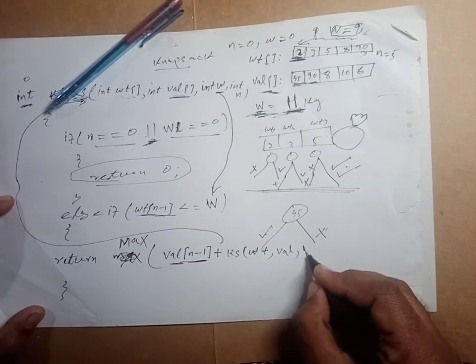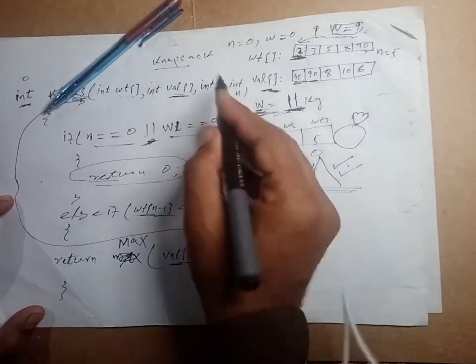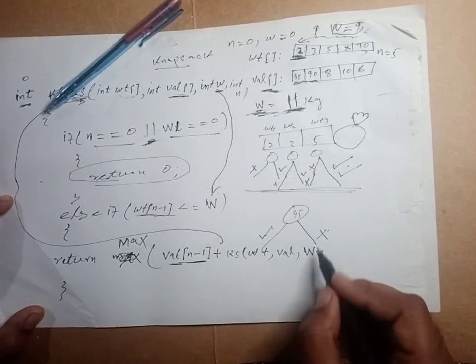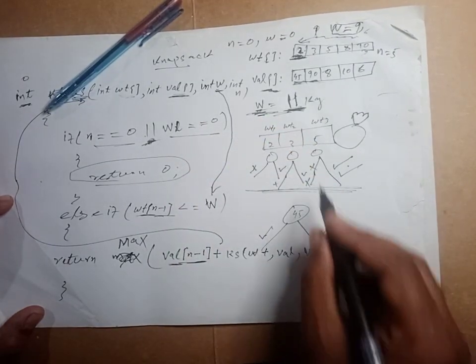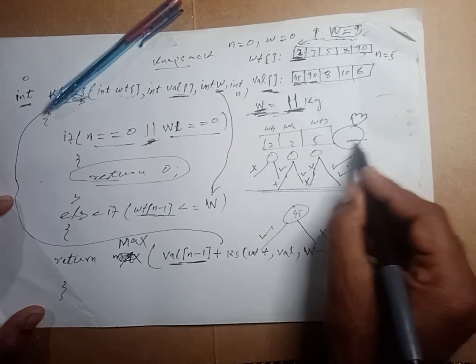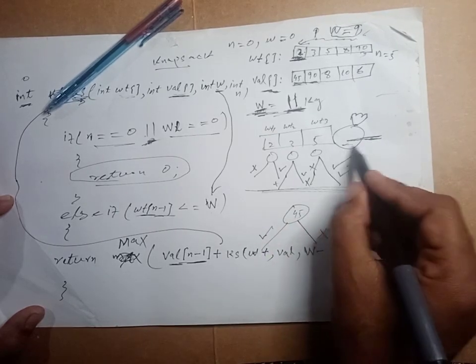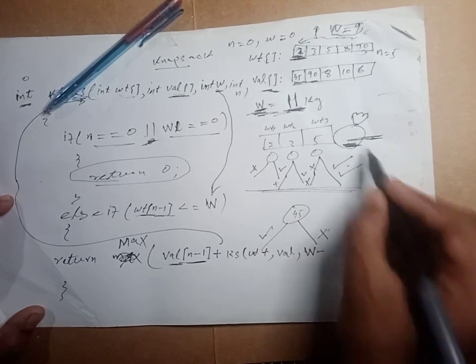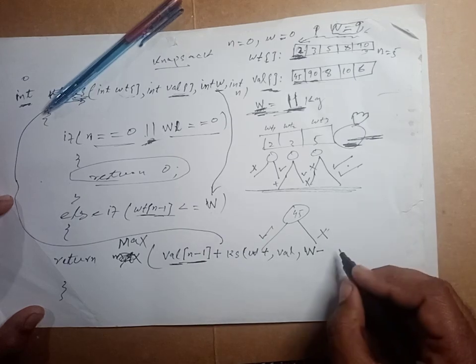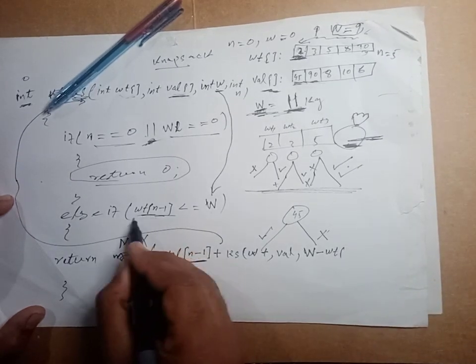So W minus this is the W, the total capacity of the rucksack, the knapsack or rucksack. So we have filled this item here. W minus what? WT of the weight of the particular item like this.